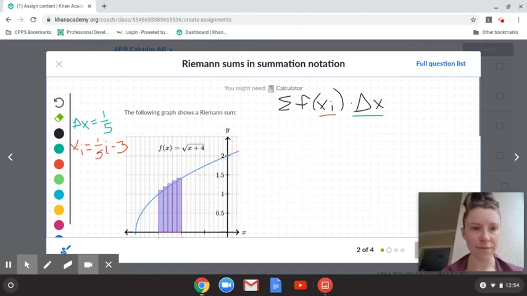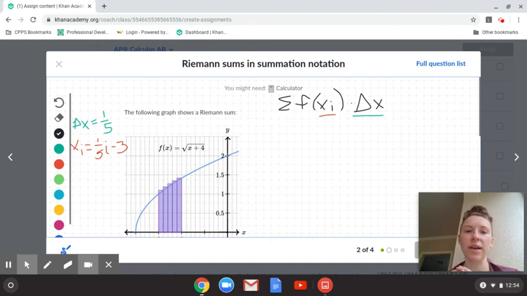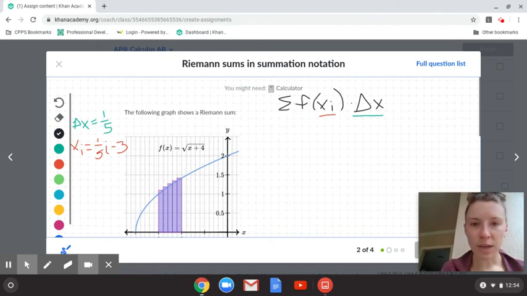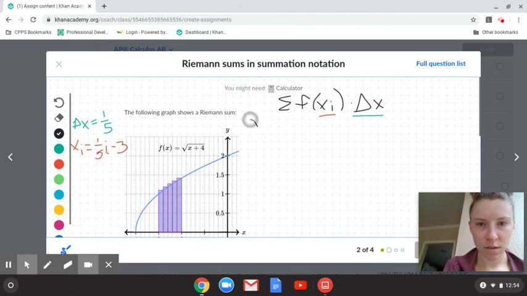All right, so our function here, they give us the square root of x plus 4. And we need to find f of x sub I, which is our 1/5 I minus 3.